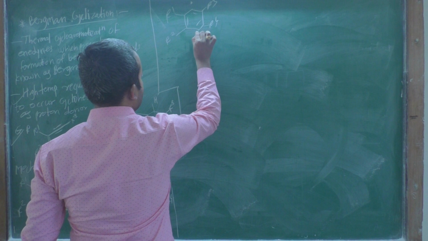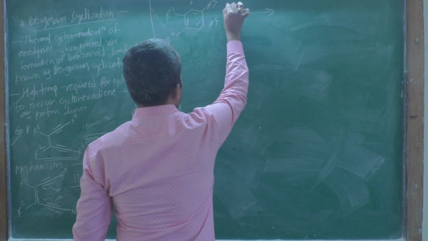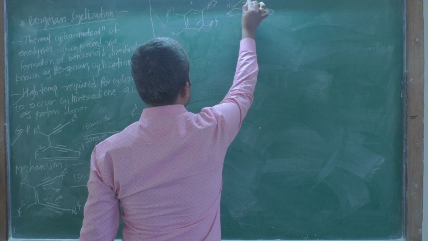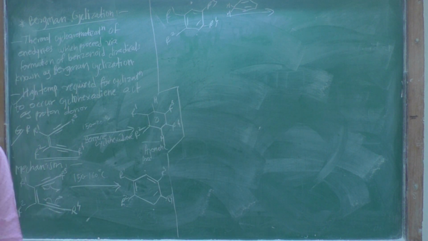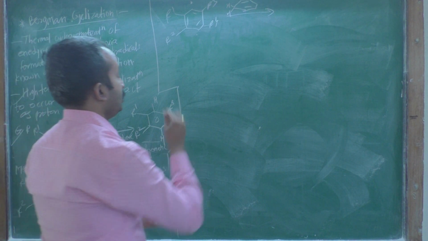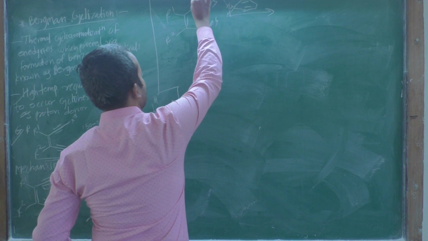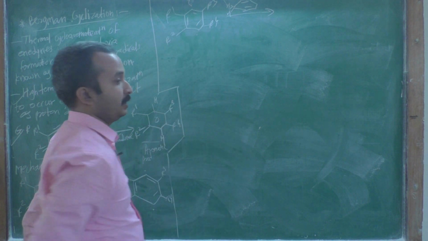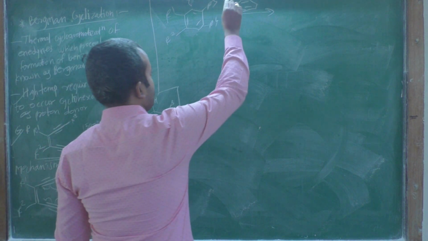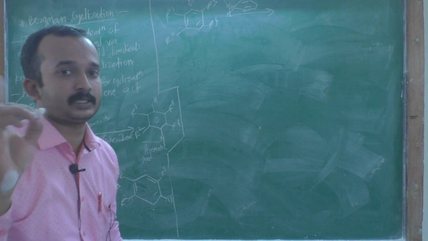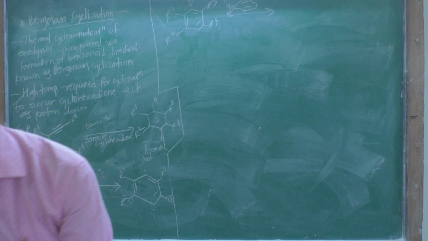In presence of cyclohexadiene, one hydrogen is donated to this radical. One radical means one electron, and the hydrogen contains one electron, so this forms a sigma bond.